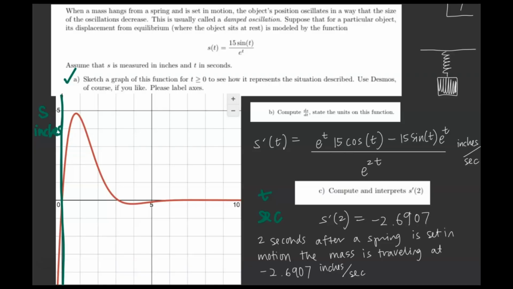They never really say what positive motion is, or positive position, or negative position, but that's usually the default. So we could say that it's traveling downward at negative 2.6907 inches per second, and that would be the interpretation.